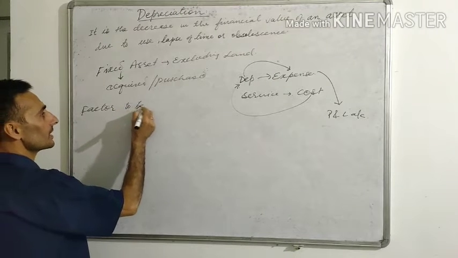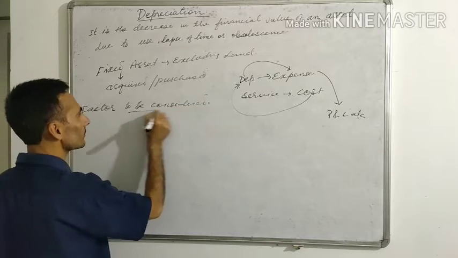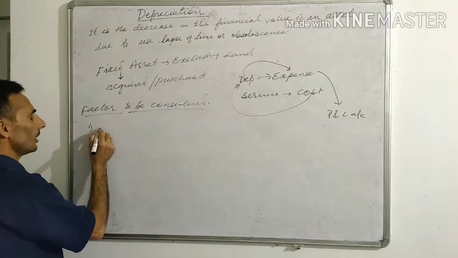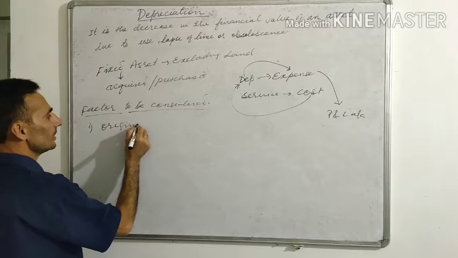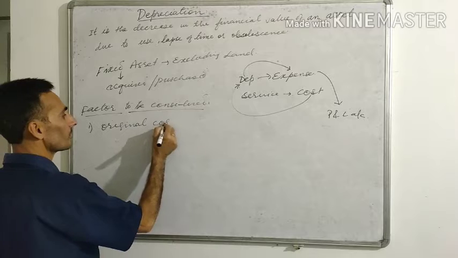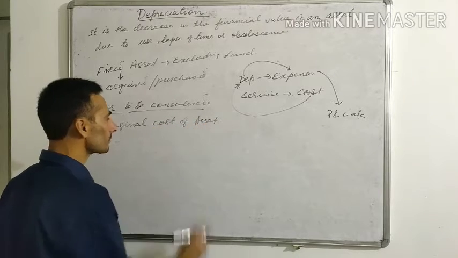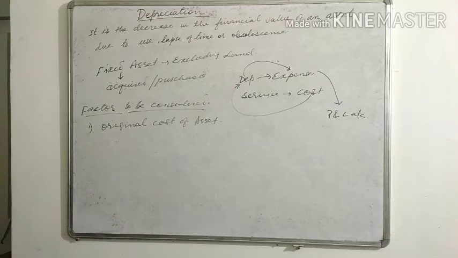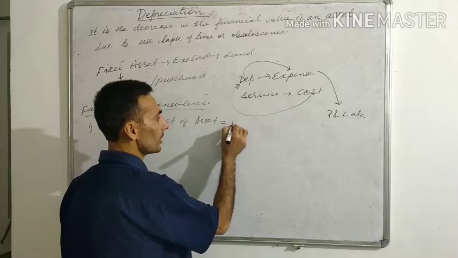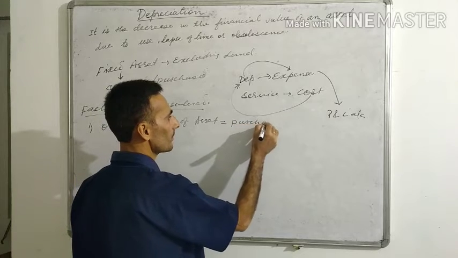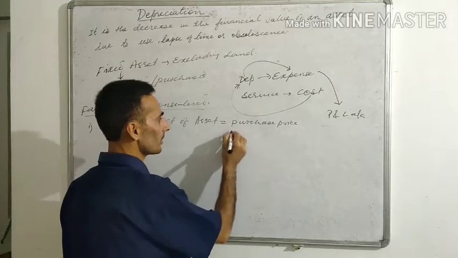Now, what are the factors to be considered in order to calculate depreciation? Factors to be considered. Number one, original cost of asset. Now, when we talk about original cost of asset, it includes purchase price, right?